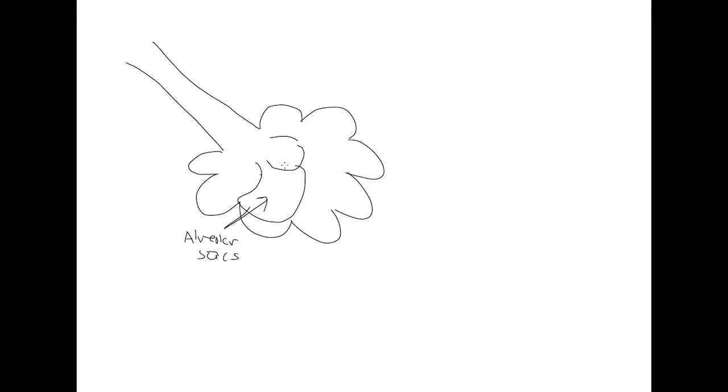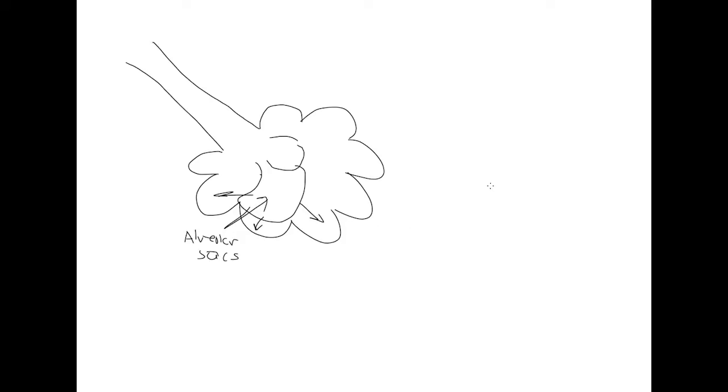So multiple will fill this sort of cluster of alveoli. And these alveolar sacs will lead off into several alveoli. And don't be confused by the border that I drew. I just did that to make it clear that the alveolar sac is different than the alveoli.